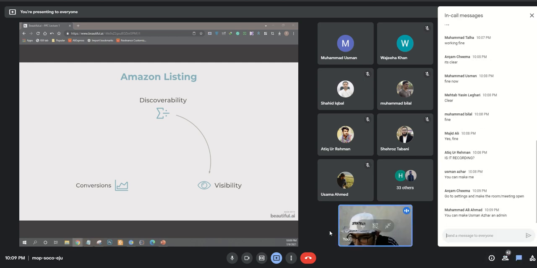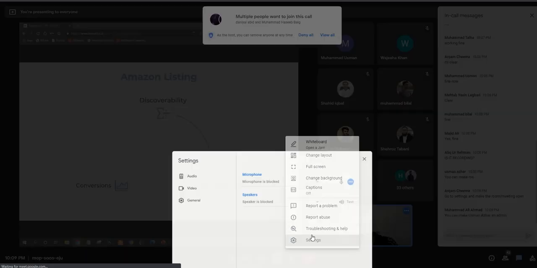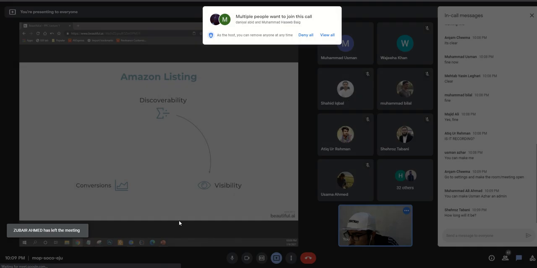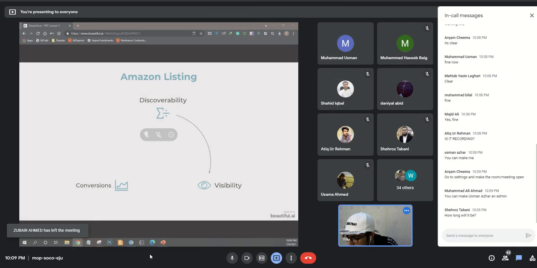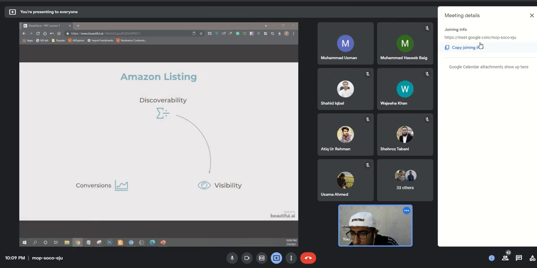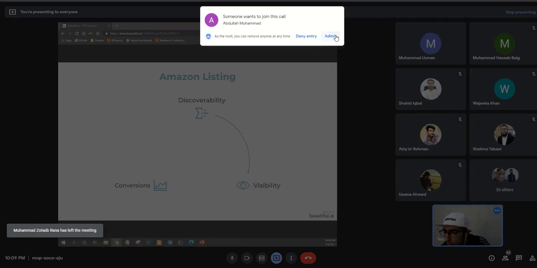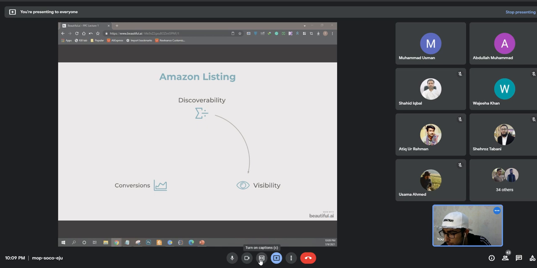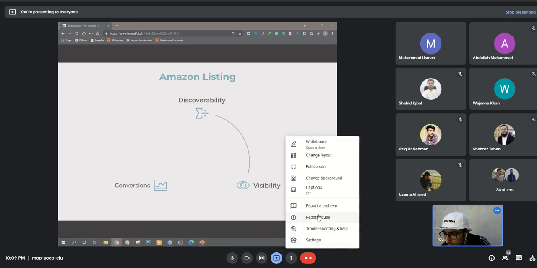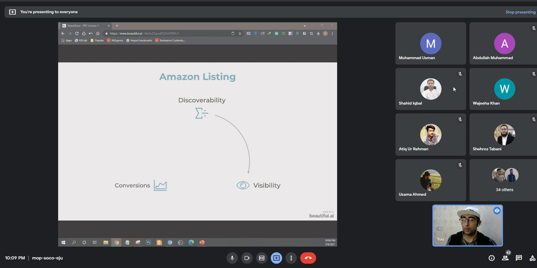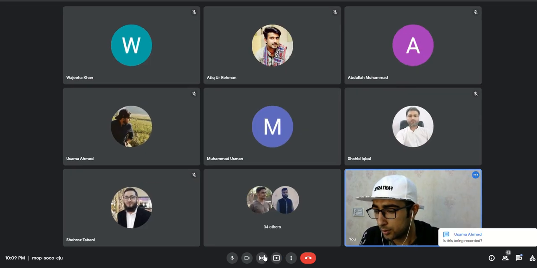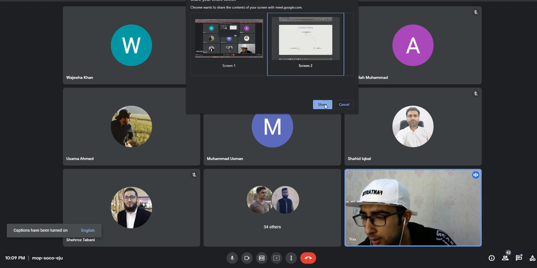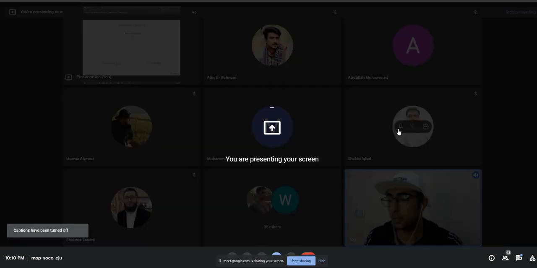Go to security settings and make the room meeting open. Okay, that can be an issue. I'm not sure how to do that, so let's just continue with this one, and then we'll figure out how we can make it much better in the next session.